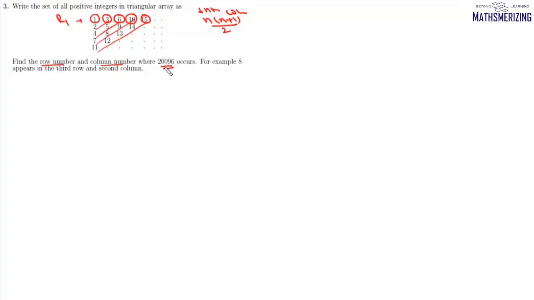Now we need to find row number and column number of 20096. Now if we take n as 200 in first row and 200th column, the number will be 200 into 201 by 2, which is 20100.